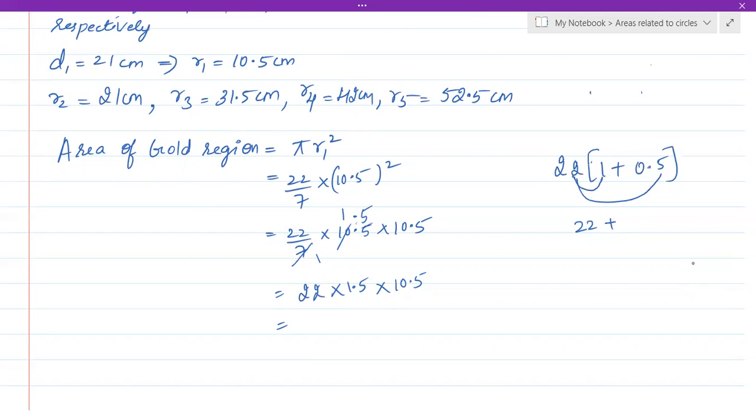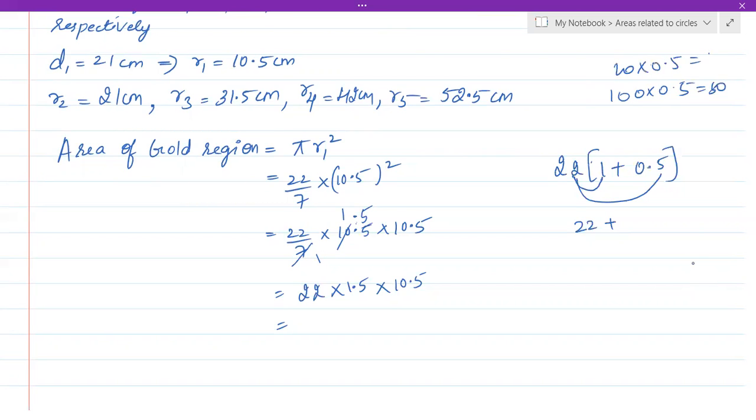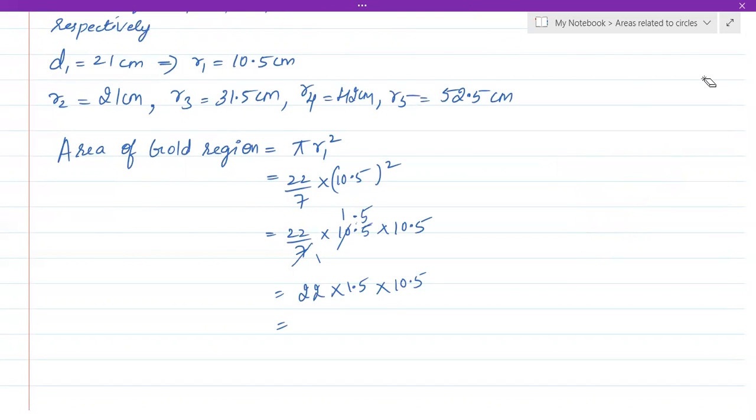For example, 22 into 0.5 becomes 11. 100 into 0.5 becomes 50. 20 into 0.5 becomes 10. Whatever you multiply with 0.5, that number will become half of it. So 22 into 0.5 is how much? 11. So 22 plus 11 is how much? 33. See, this is very easy, right?